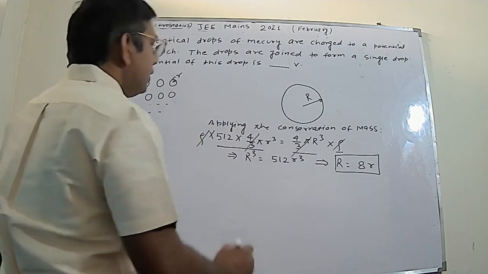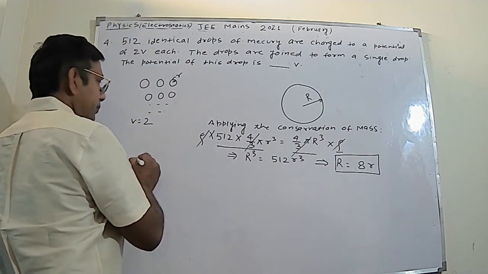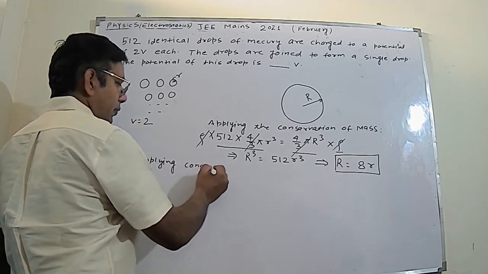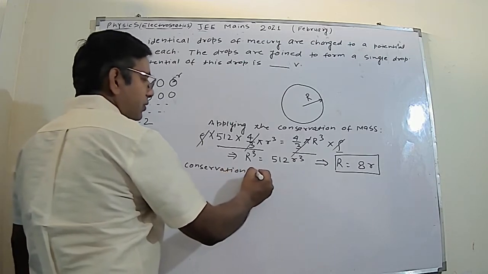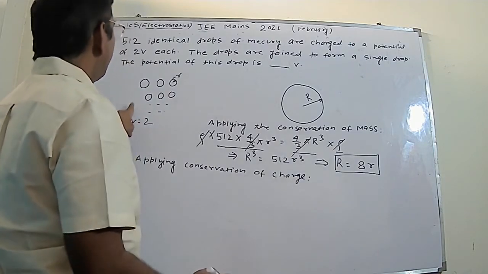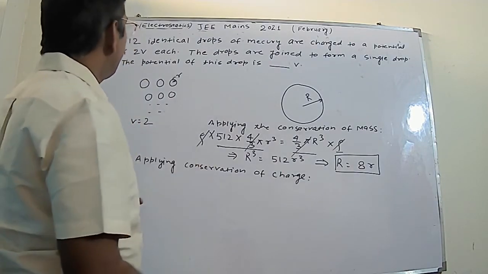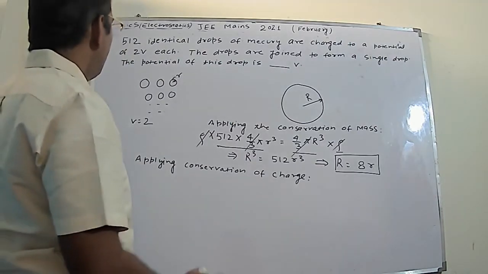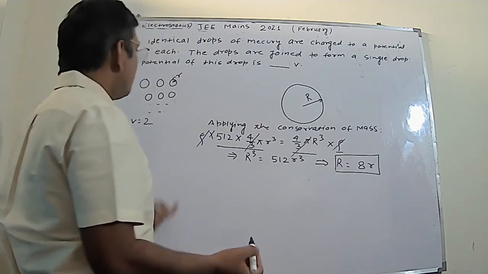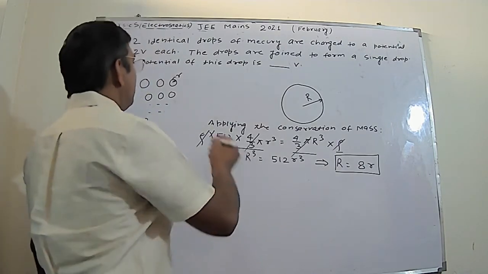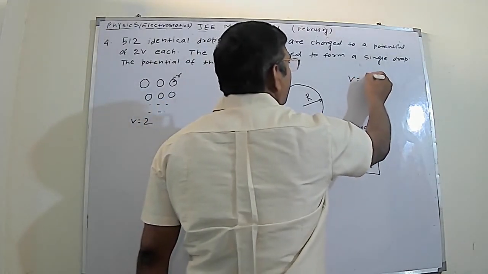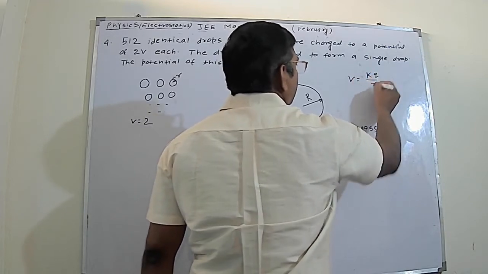Again we can apply the conservation of charge. So how to set up this equation? What is potential here? Potential, we know that potential V is equal to K into Q by R, right?